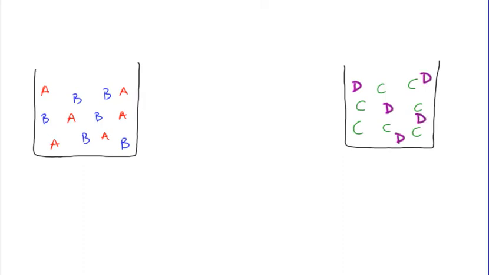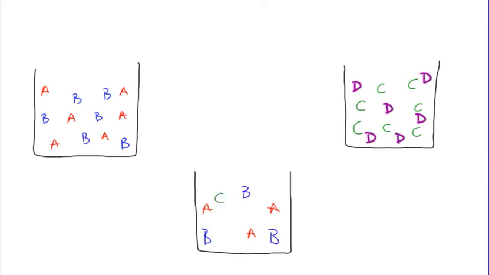And as soon as you've got enough C and D there to collide, C and D will start to collide with each other and they'll convert back into A and B. So actually, you don't have either of these two beakers present. A system in equilibrium, when it reaches equilibrium, will have some of your reactants, A and B, but also some of your products, C and D, and they're all present in your beaker.